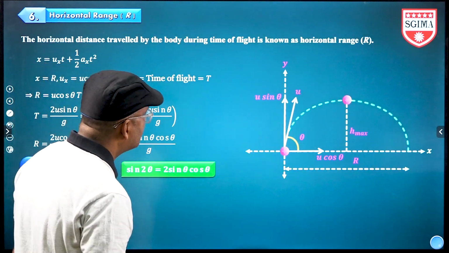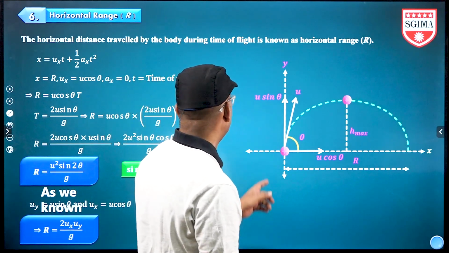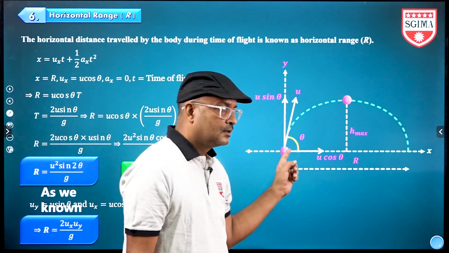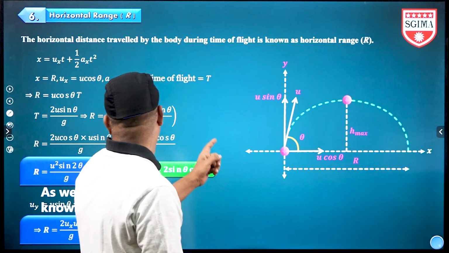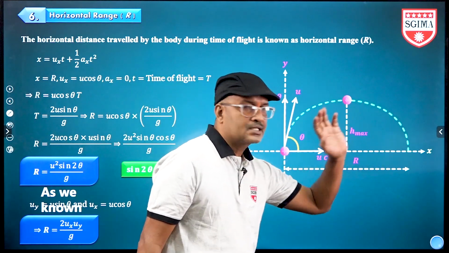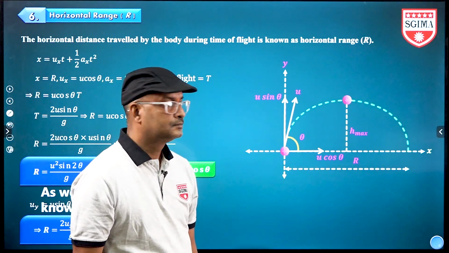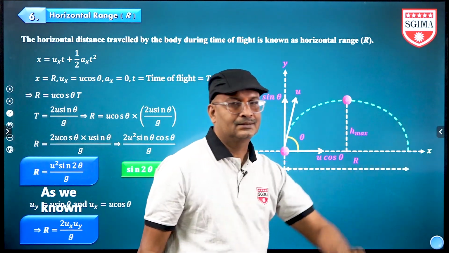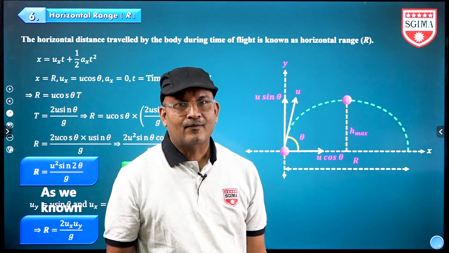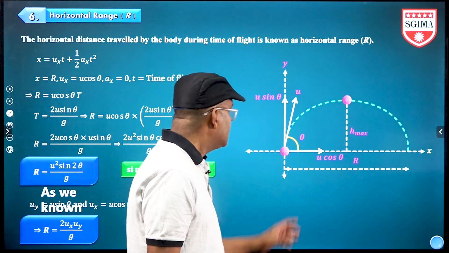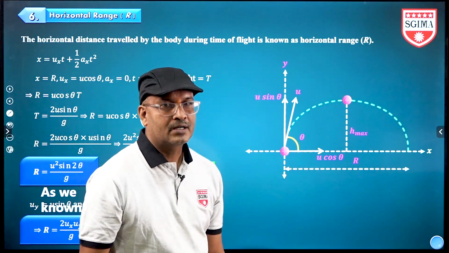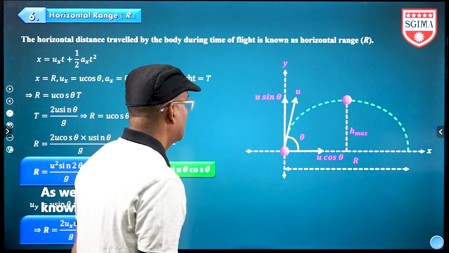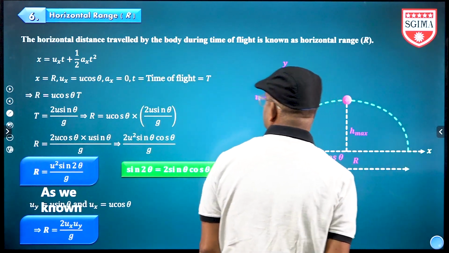Right. Horizontal range. The horizontal distance travelled by the projectile during time of flight is called horizontal range.